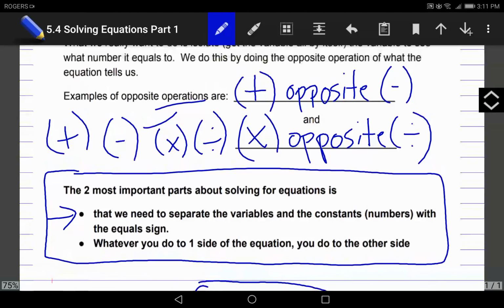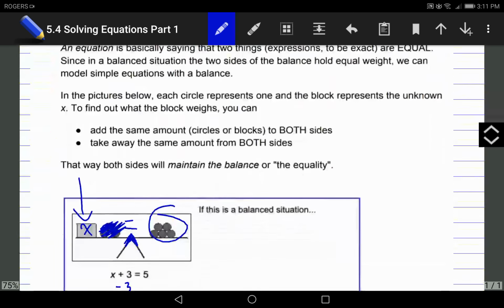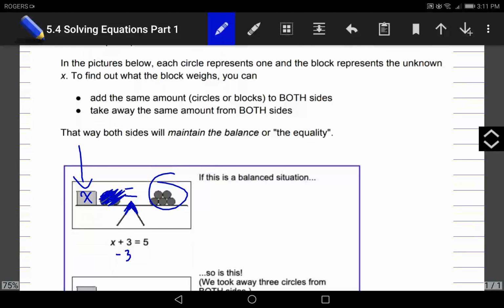So that's where the second step comes into play. Whatever you do to one side of the equation, you have to do to the other side to keep things balanced. Okay, so if you subtract 3 on this side, you also have to subtract 3 on this side. Whatever you do to one side of the equal sign, you do to the other.